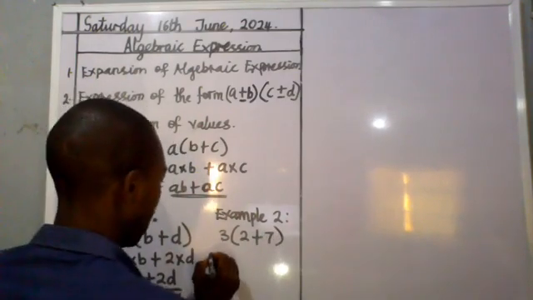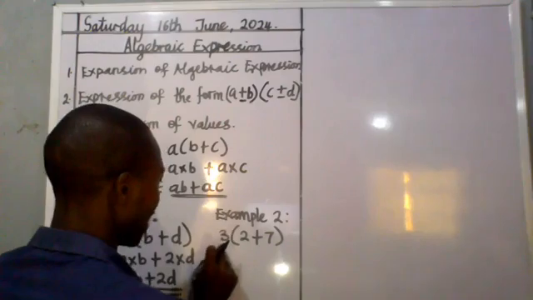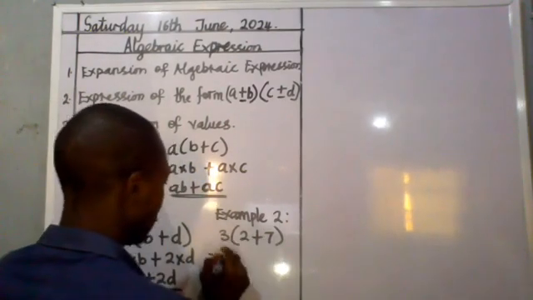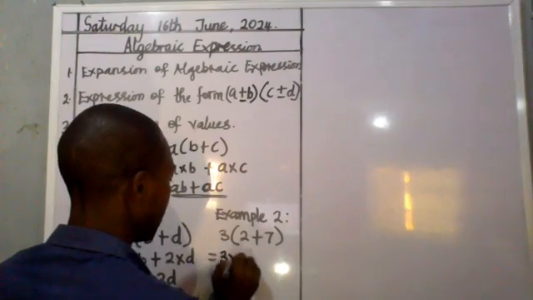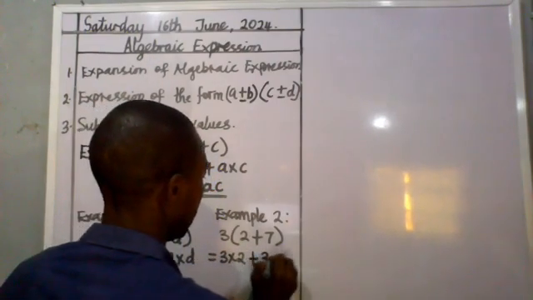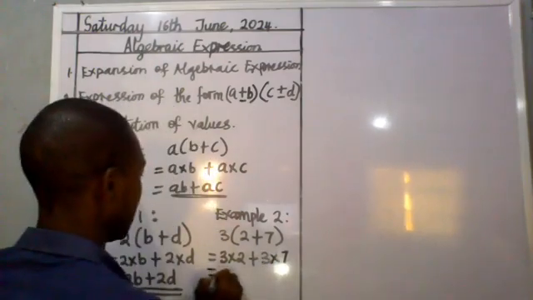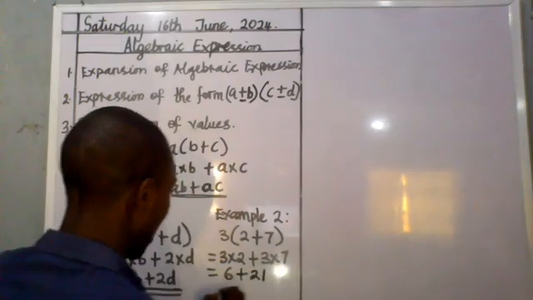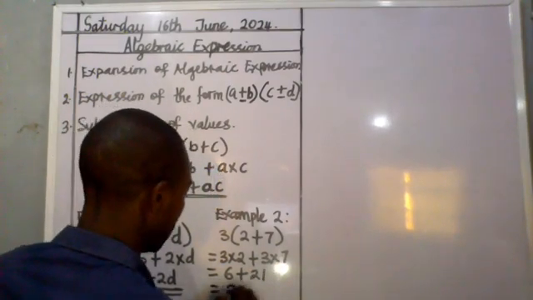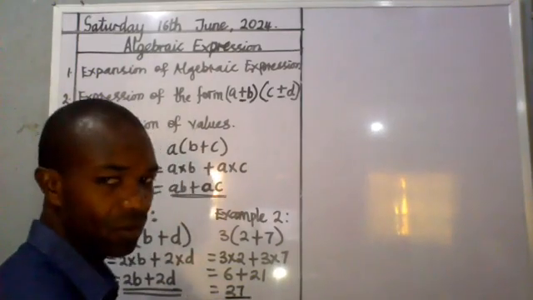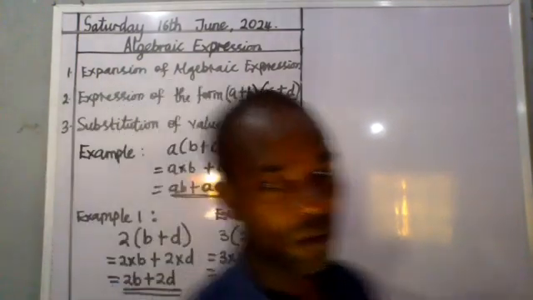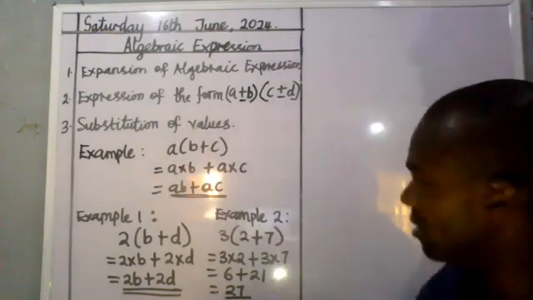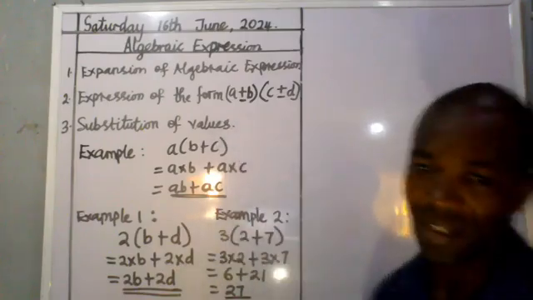Now, it means that I'm going to multiply 3 by 2 and multiply 3 by 7. 3 times 2 plus 3 times 7, and that gives me 3 times 2 is 6 plus 3 times 7 is 21, and 6 plus 21, that gives me 27. That's how you do the expansion of algebraic expression. It therefore means that A can be any number, B can be any number, and C can be any number.